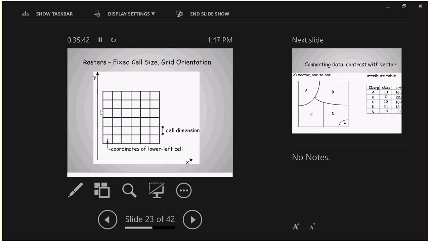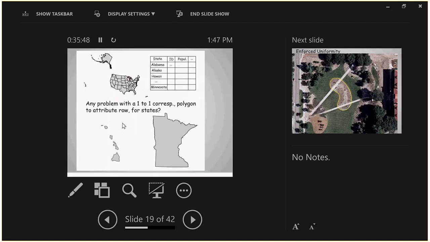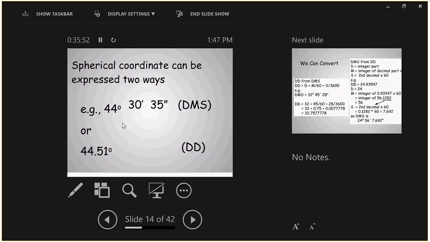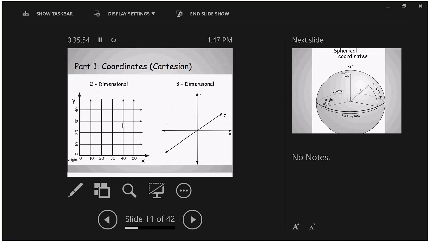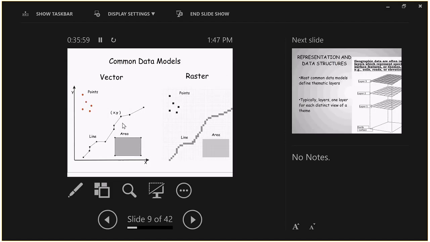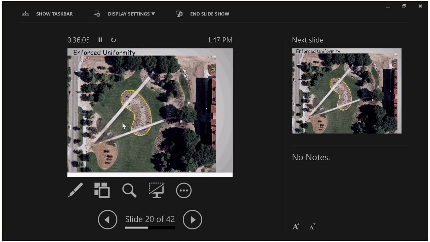Now the coordinates are actually stored differently. Coordinates of the vector data model are actually a bunch of XY points. Okay? The coordinates in a raster data model are only stored implicitly.